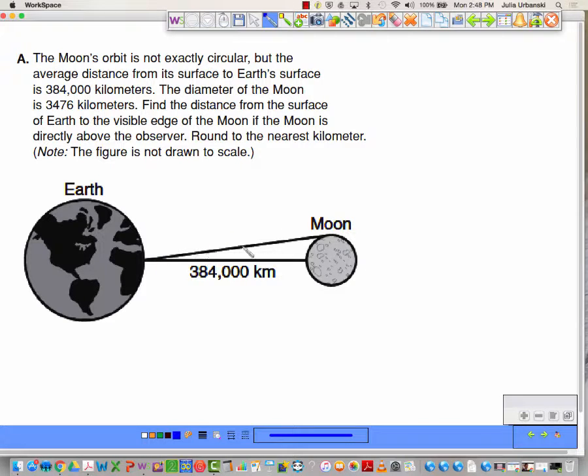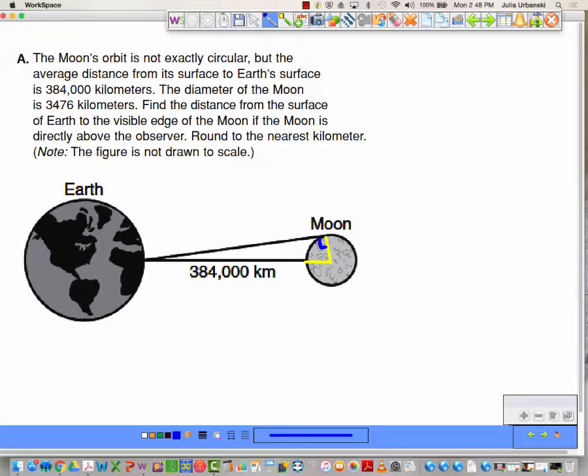This line right here is a tangent, and a tangent is always going to be perpendicular to a radius. So there's a radius right there, which means the tangent and the radius form a right angle. So you almost have a right triangle, but there's a missing gap right here. So what you need to do is close that gap and realize that that's just another radius. It goes from the center of the moon to the edge, connecting to that line.